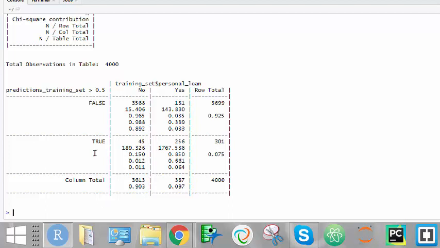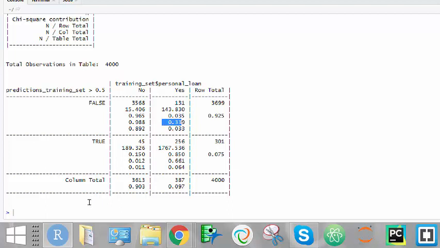So therefore, I'm looking at the column yes, and where is my sensitivity? It's right here, right? 256 were classified correctly as yeses out of 387, right? So 66.1% is my sensitivity. Added to this number, it should be 100, right?